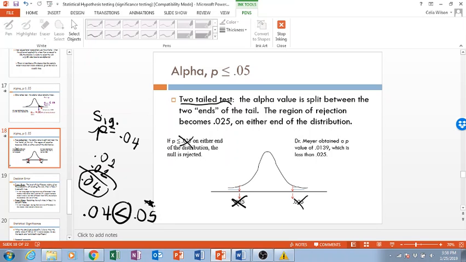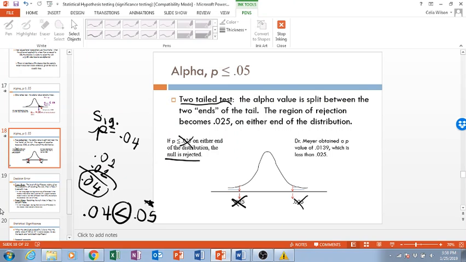Therefore, I'm going to conclude that the null is probably not true, and I'm going to reject the null. If I reject the null, we're going to say we do have statistical significance. So the population mean of homeschooled students is statistically significantly different from the population mean of our general ed students. Now, that's kind of wordy and convoluted. It's that indirect proof, but you're going to get the hang of it.